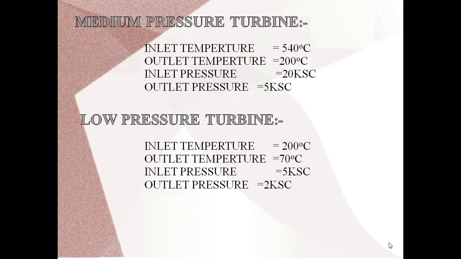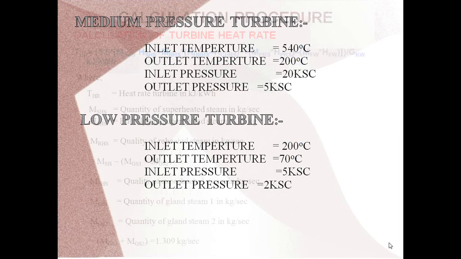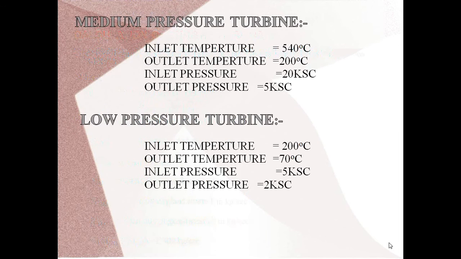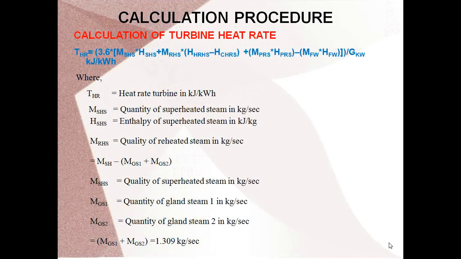Medium pressure turbine: inlet temperature 450 degrees Celsius, outlet temperature 200 degrees Celsius, inlet pressure 20 ksc and outlet pressure 5 ksc. And low pressure turbine: inlet temperature 200 degrees Celsius, outlet temperature 70 degrees Celsius, inlet pressure 5 ksc and outlet pressure 2 ksc.